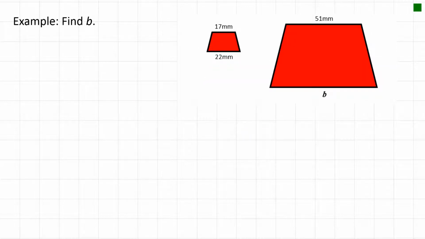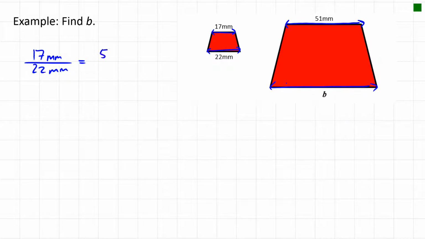So for this problem, let's go ahead and find B. So the sides must be in proportion to one another. So for the smaller shape here, the top to the bottom, so I'll go 17 millimeters over 22 millimeters, must be the same as the proportion of the top to the bottom of the larger shape.